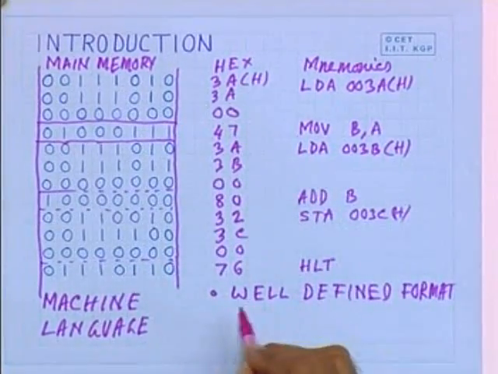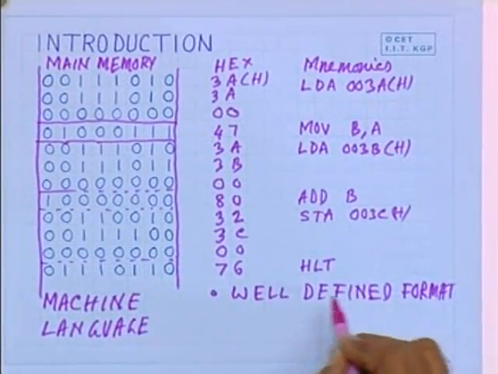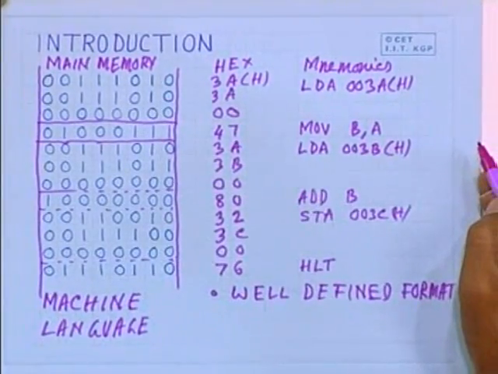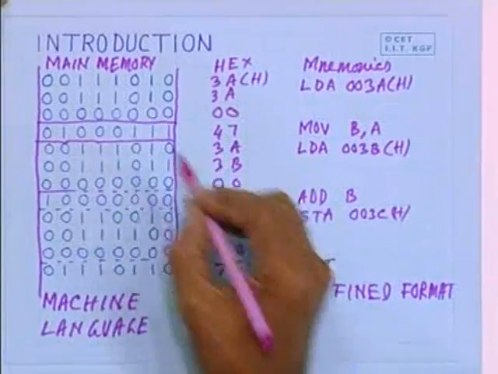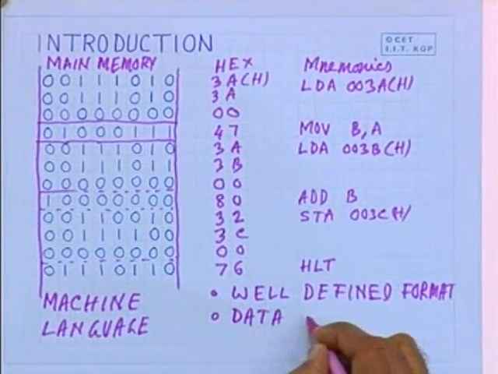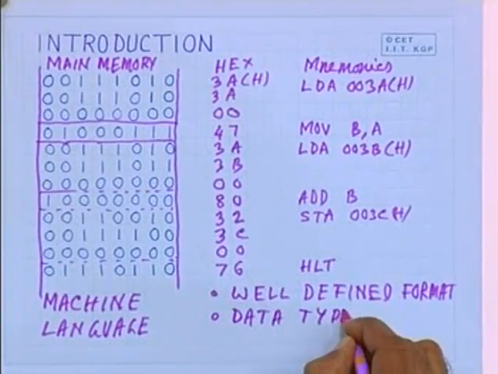Now, we shall discuss in this lecture the format of these various instructions. Apart from that, let us try to understand the various issues involved in understanding the instruction set. Another important aspect is data types, or in other words, how data is represented and how it is processed inside the processor.